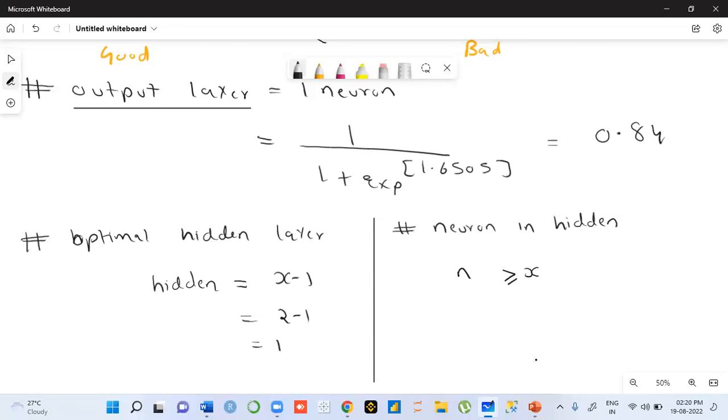X मतलब greater than n and xn. The more neurons you have, the more calculation you do. The more calculation you do, the more the accuracy will increase.